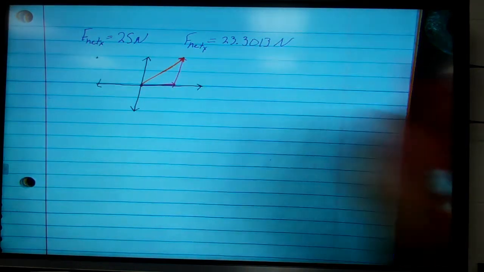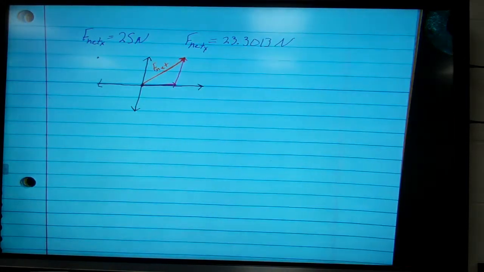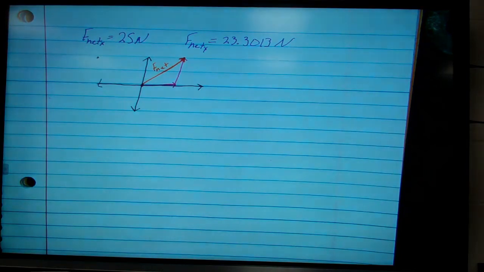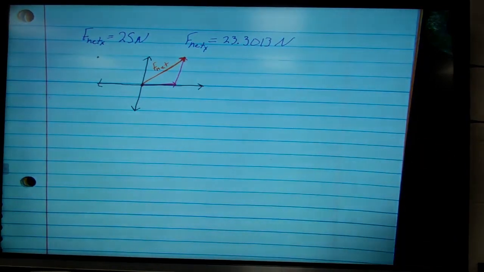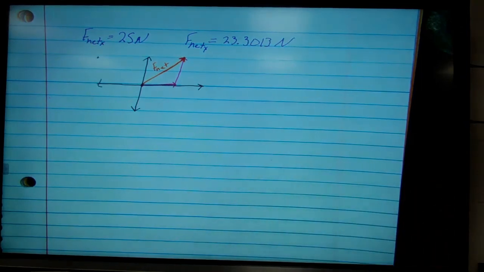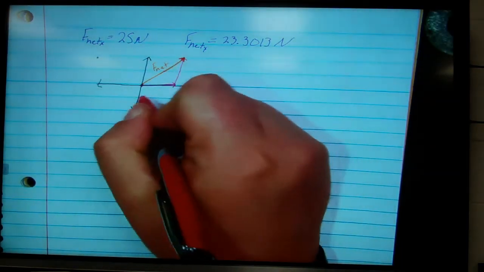So that orange force right there is the net force of those 5 forces. So we literally have to have a vector that is equal in magnitude but opposite in direction of that. You're just looking at the mere reflection of it.